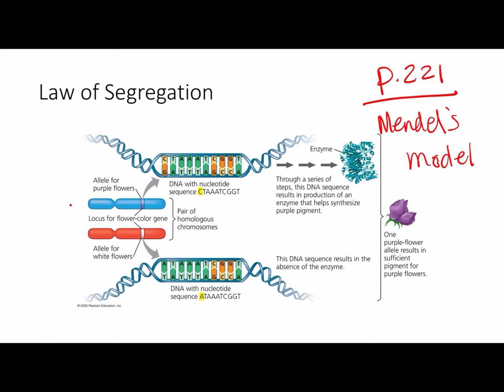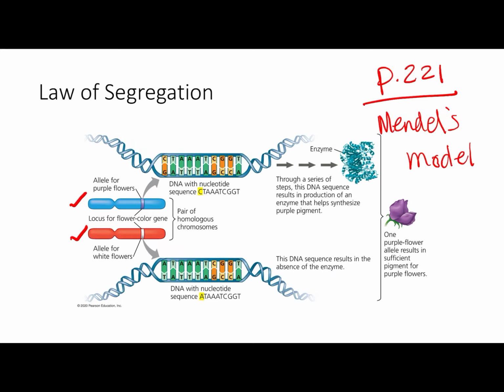Essentially, the idea that every trait had 2 what he called factors, we now call them alleles, and that not only were there 2 alleles per trait, but that there could be different versions of those factors. And again, we call those alleles.